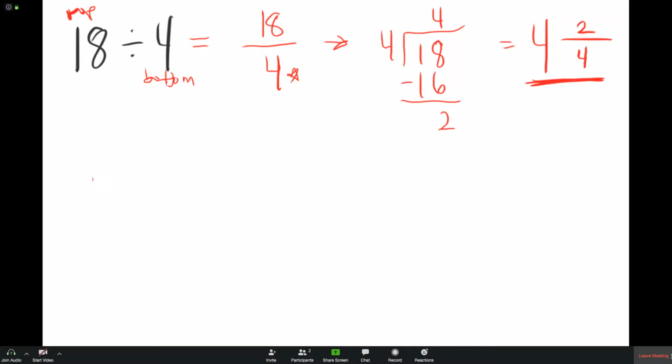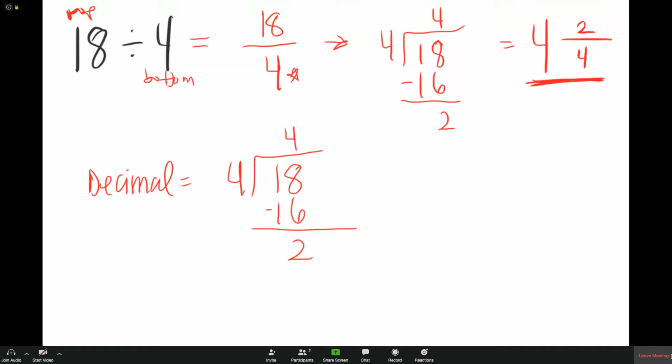When we're finding our decimal, we need to do long division again. We said 4 goes into 18 4 times, which is 16. We have a remainder, so we need to continue our problem.